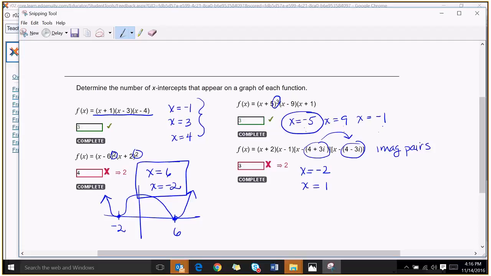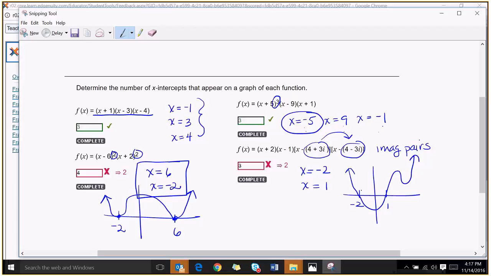But imaginary numbers don't touch the x-axis. So what this looks like here is your graph is going straight through at -2, and then it's going straight through at +1, and then it probably turns something like that. And over here are the imaginary numbers where it doesn't cross the x-axis.